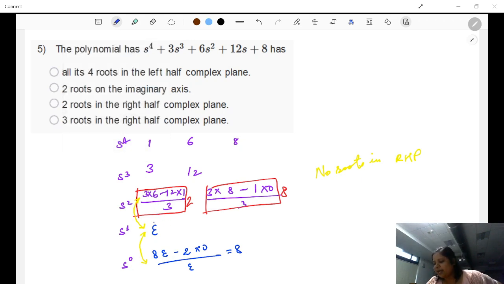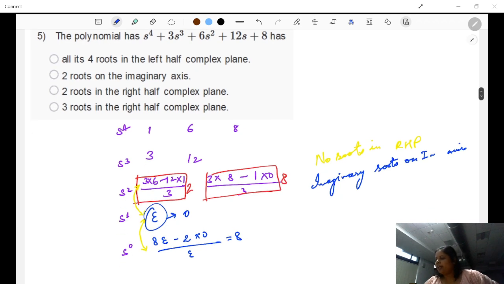But we still need to check where the roots are lying. If the first element was 0 for any row, that means that there are roots on the imaginary axis. And how can we find them? Anything that you write corresponding to this row would give you the auxiliary equation.